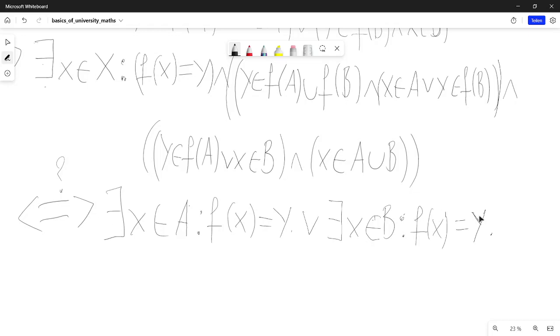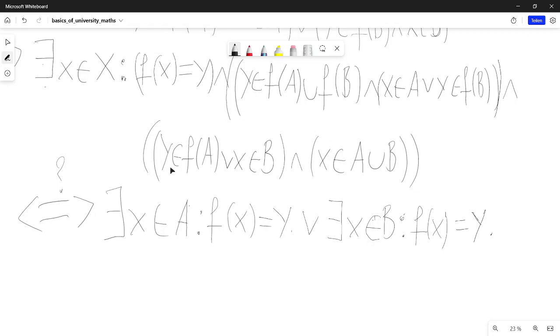Well, that means the validity of a statement: there exists x element A or there exists x element B. And now we have a statement that reads there exists x such that f of x is equal to y and such that simultaneously x element A union B, which is the same as simultaneously x element A or x element B. And those statements are valid because those are connected by ends, so all those have to be valid.